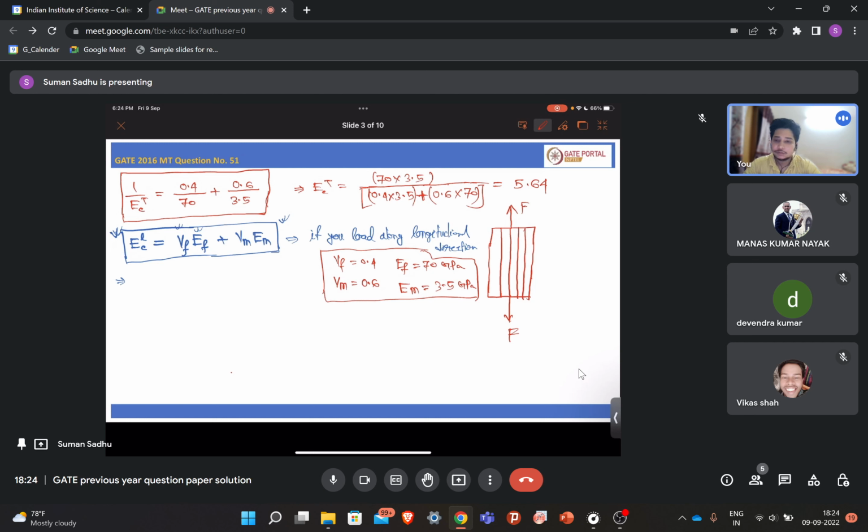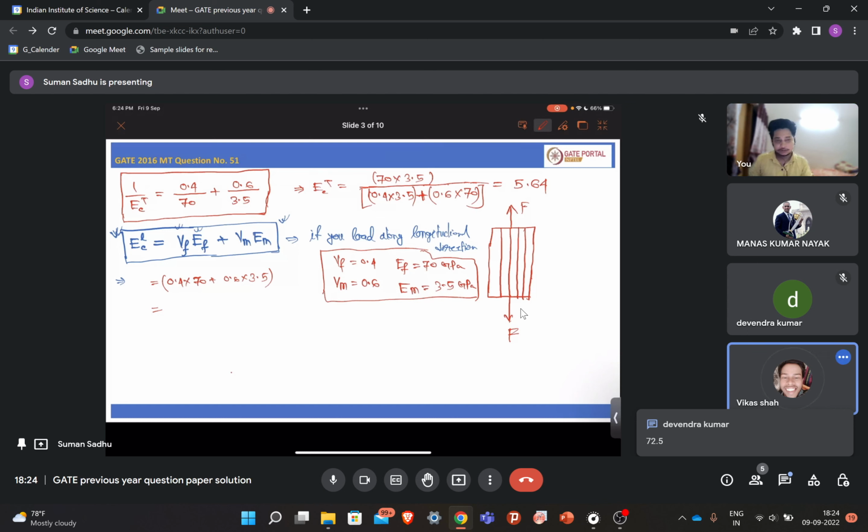Are you guys calculating? Hello? 30.1. Others are also getting the same answer. Devendra and Manas, you are also getting the same answer or not? 72.5?